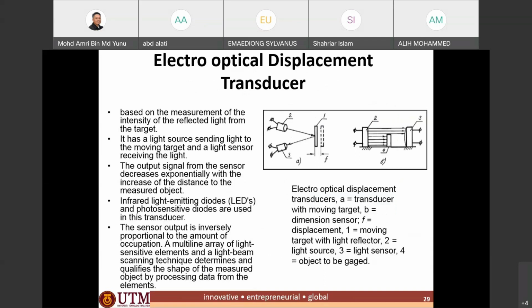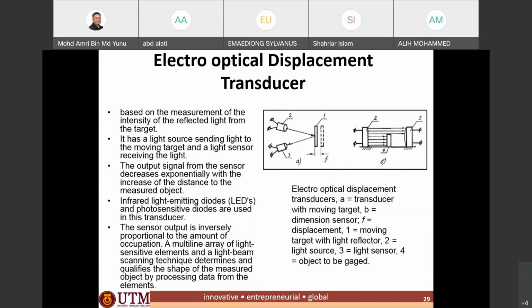And we have the optical displacement transducer. It is based on the measurement of the intensity of the reflected light from the target. In this application, we use a light source, a semiconductor device that emits light irradiation at a certain wavelength.